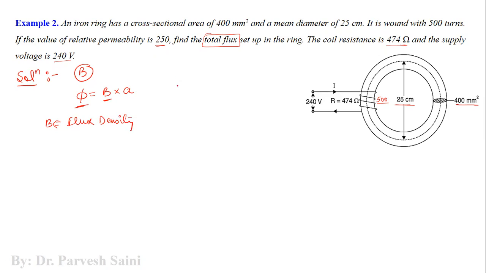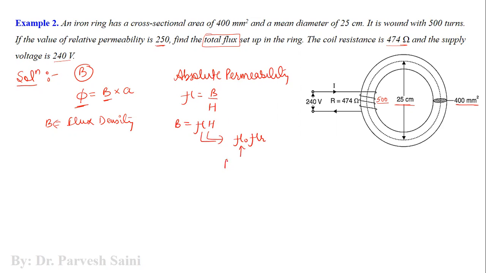Okay. So now we know that the absolute permeability mu is equal to B by H. So from here we can calculate B is equal to mu H, and we also know that this mu is nothing but the product of mu naught and mu R, where mu naught is the permeability of air or free space, and mu R is the relative permeability.